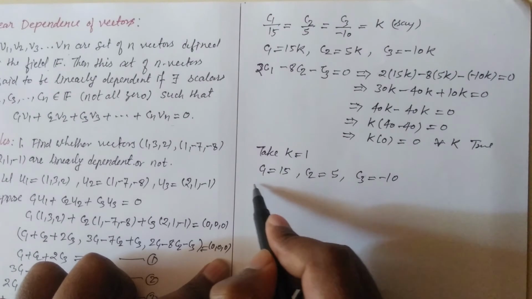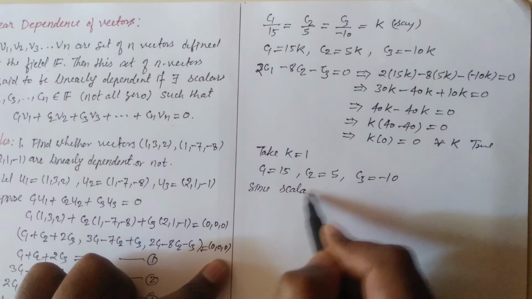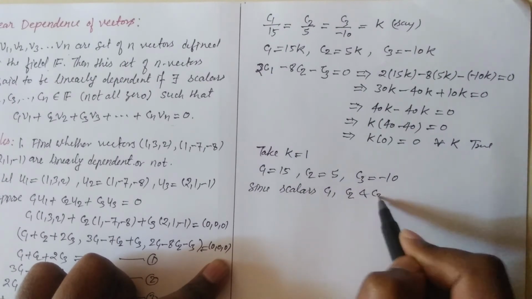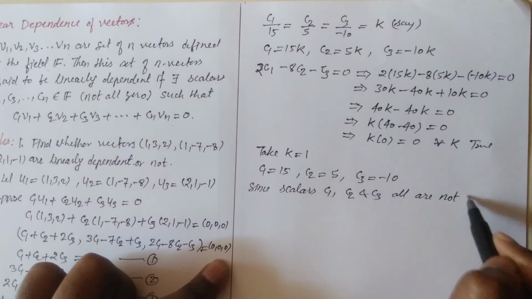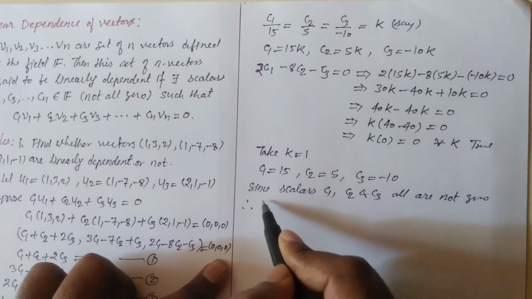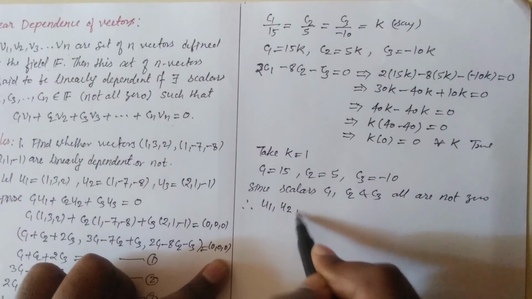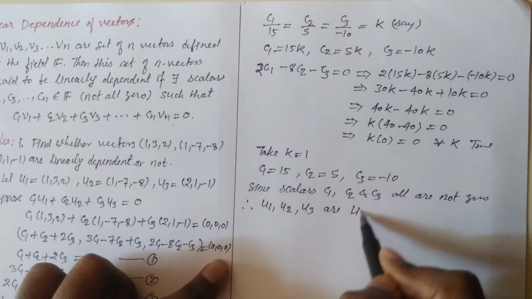So here we write, since scalars C1, C2 and C3 all are non-zero, therefore we can say that the set of vectors u1, u2 and u3 are linearly dependent.